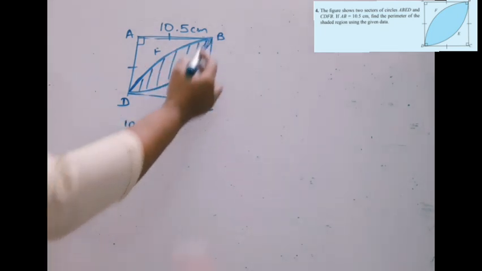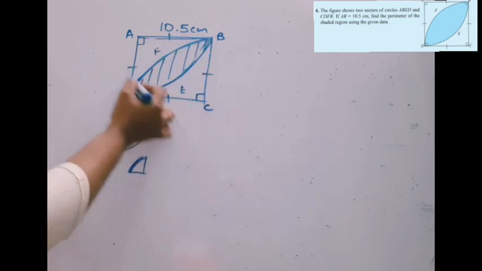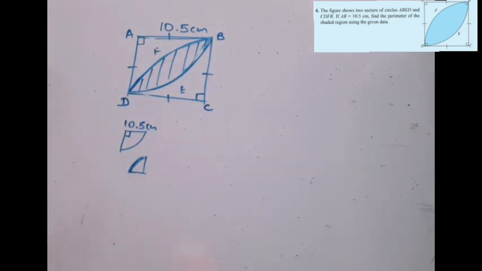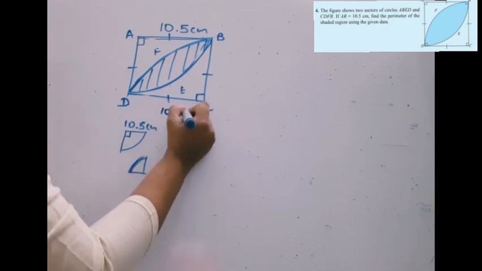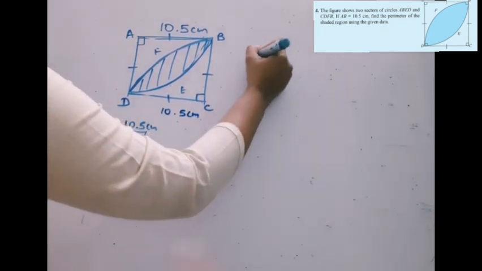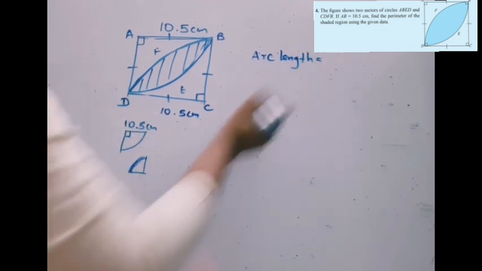And similarly, this is also an arc length of the other quarter circle. Another important thing is both the sectors are same in their radius. Why? Because this is a square. So now you just have to find the arc length once.